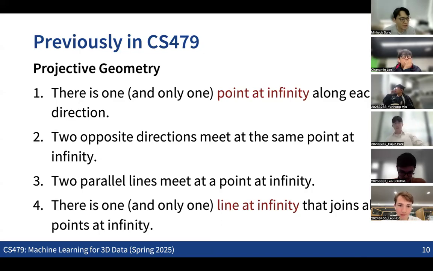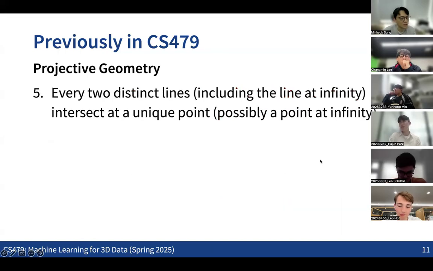And based on our definition of the point at infinity and the line at infinity, we can make a general statement: any two distinct lines intersect at one unique point. Including the line at infinity, there is only one intersection point.